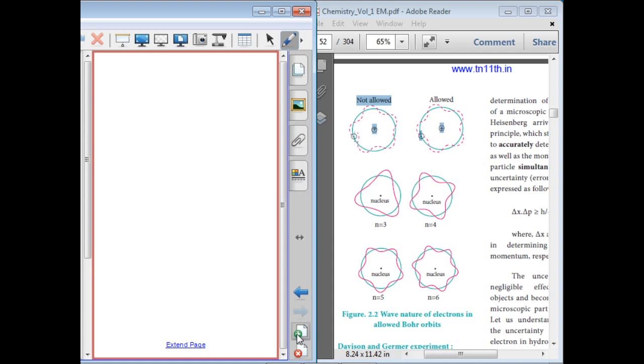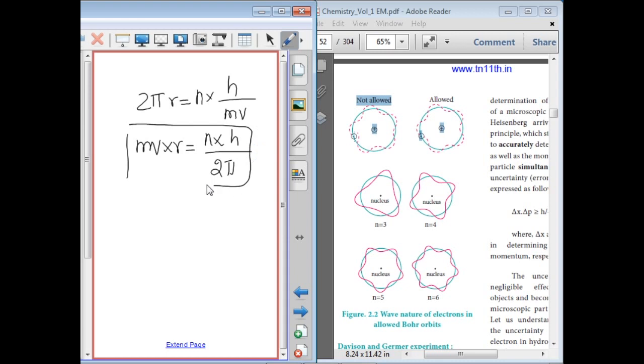So 2 pi r equal to n into h by m into v. So mv multiplied with r equal to n into h by 2 pi. The above equation was already predicted by Bohr. Hence, the de Broglie and Bohr concepts are in agreement with each other.